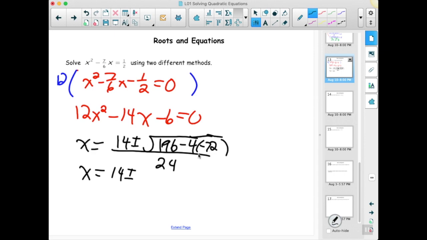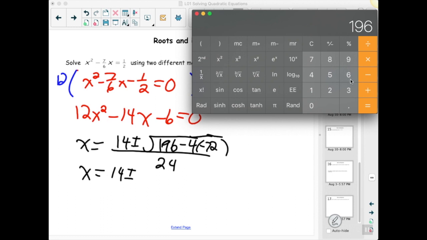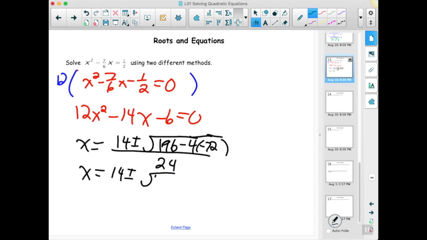Yes. All right, over to the calculator. Let's clear that out. 4 times 72 equals plus 196 equals 484. All right. The square root of 484 all over 24.